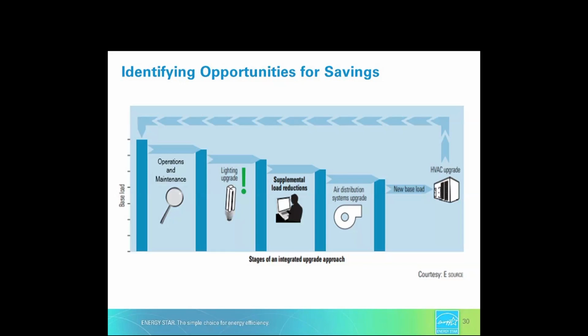So we wouldn't call lighting upgrades no cost, and depending on the scale, they might not even be low cost. That being said, lighting still is often the first step that many folks take when they want to address the energy performance of their building, just because compared to other large building systems, lighting projects are relatively inexpensive and easy to implement. They also provide a quick and reliable return on investment.